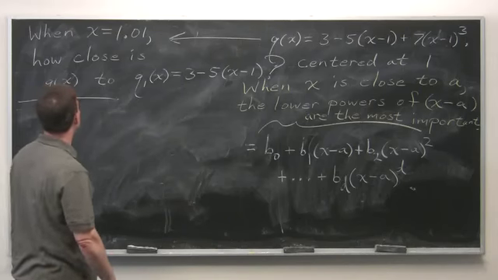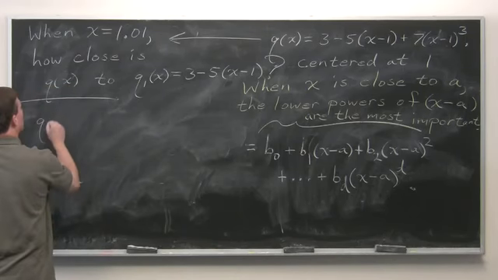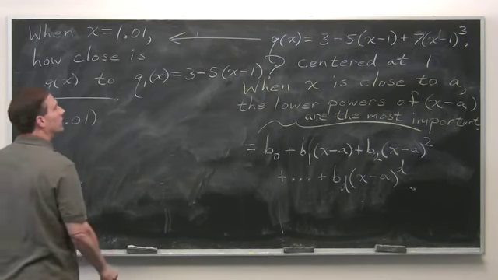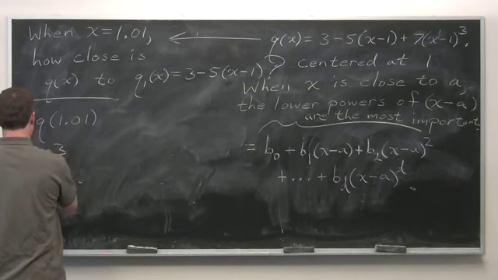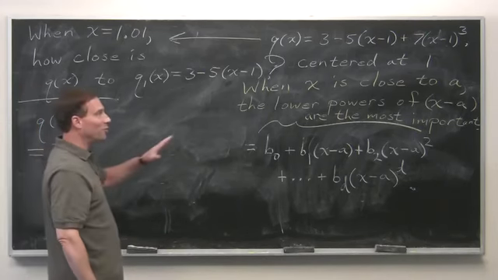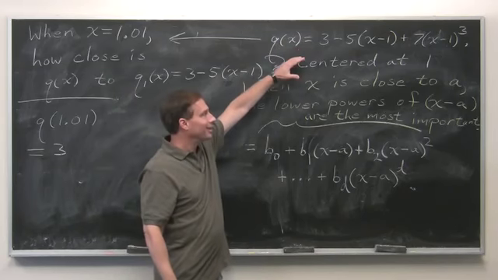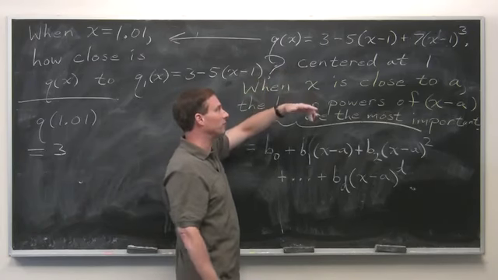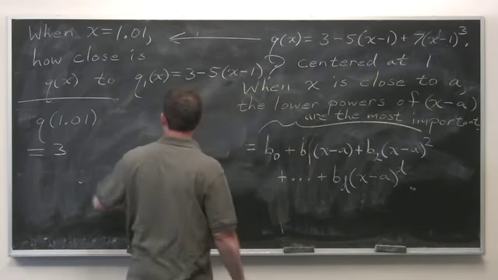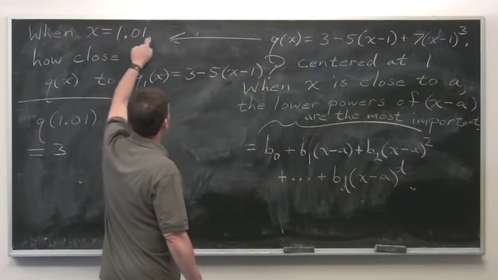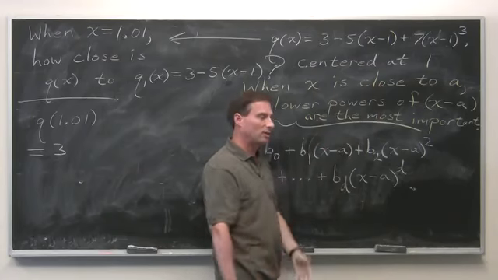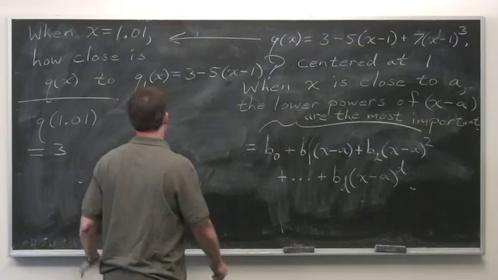Well, we'll just check. First of all, what's q of 1.01? q of 1.01 is 3 minus, notice that you wouldn't want to multiply this out and then plug in 1.01, even if you had it sitting in front of you. You'd still want to plug 1.01 into this, because then you subtract the ones and you see the small powers that you get.